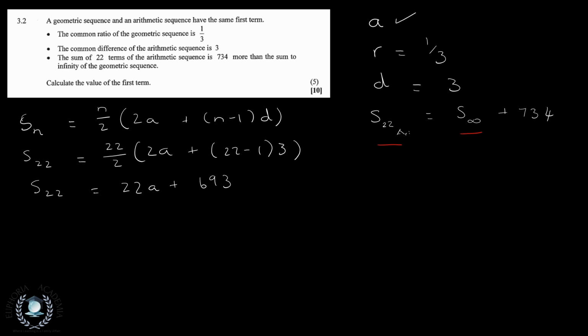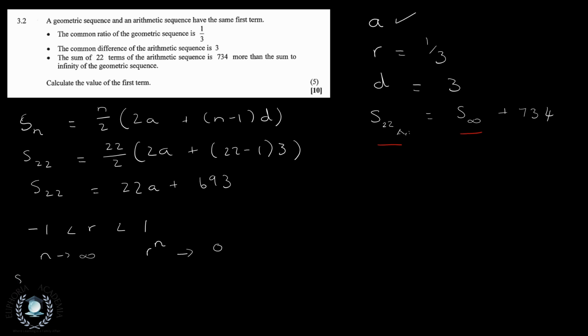All right, cool. So the next one is figuring out this sum to infinity. For a geometric series, if our r lies between -1 and 1, we know that as n tends to infinity, so the number of terms that you're adding, r to the power of n will tend to 0.